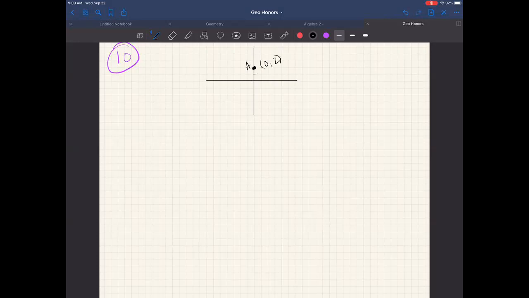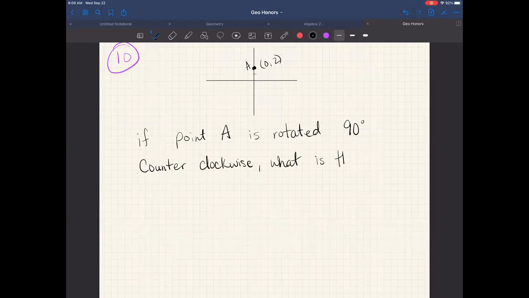How can I do this without having to draw 4 different graphs? Oh, I know. So if point A is rotated 90 degrees counterclockwise, what is the new point?